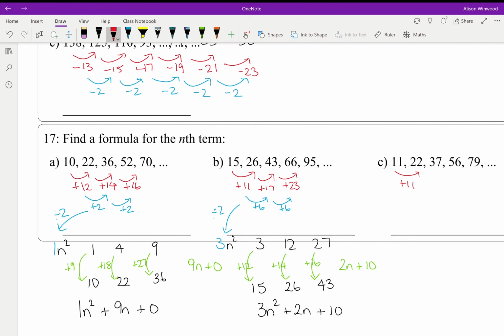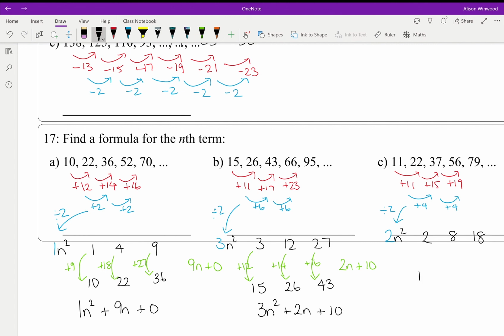Add 11, add 15, add 19. So those are going up by 4. Half of 4 is 2, so I want 2 times the square numbers, which is 2, 8, 18.